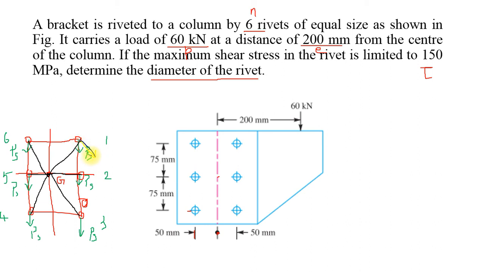This is my secondary shear load for rivet number 1. Here it will be like this, F2, and this is F3, and this is F4, and towards the top will be F5, and here it will be F6.